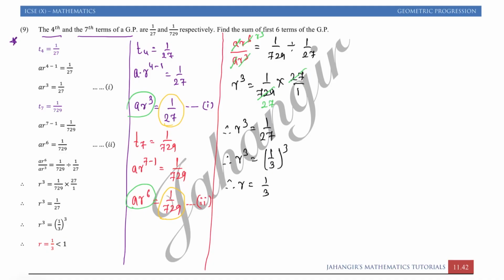Since we got R, we will substitute R is equal to 1 by 3 in equation 1. So we will write equation 1, that is A R cube is equal to 1 by 27.